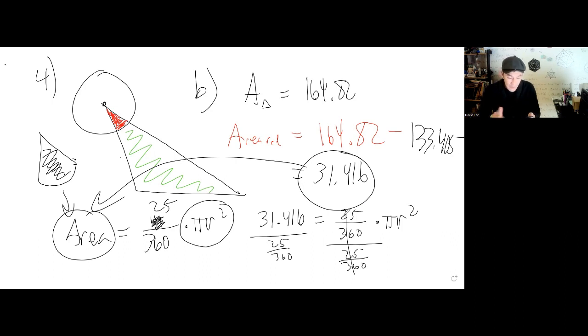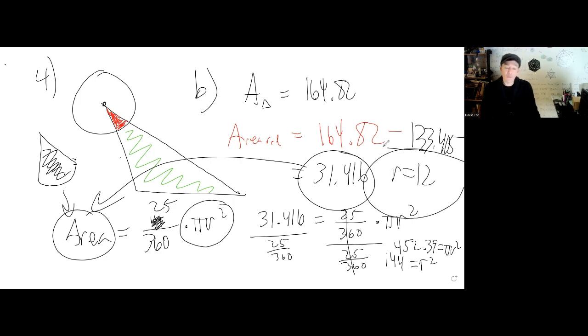Type that in carefully. And I get back 452.39 equals pi r squared. Divide both sides by pi. And I get about 144 equals r squared, square root. And you can then see how they got the answer of 12 for the radius of the circle.